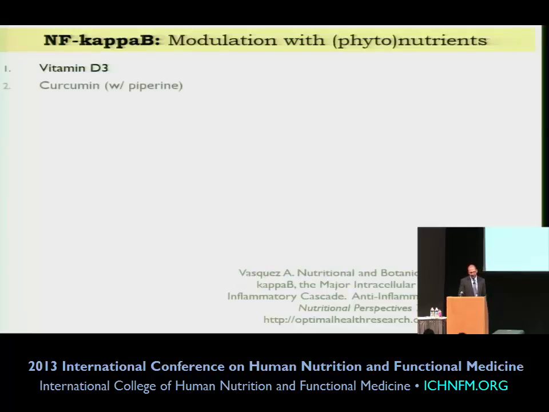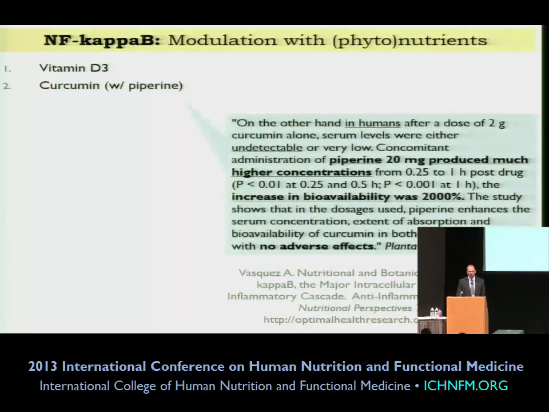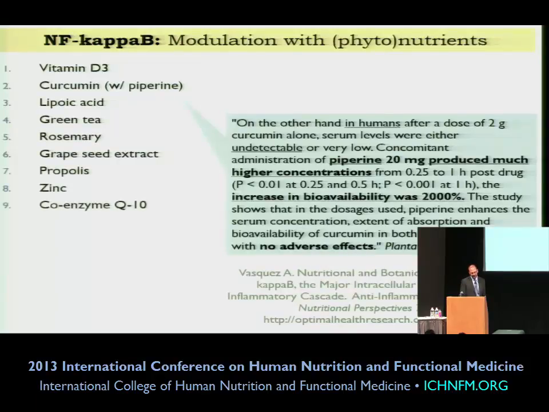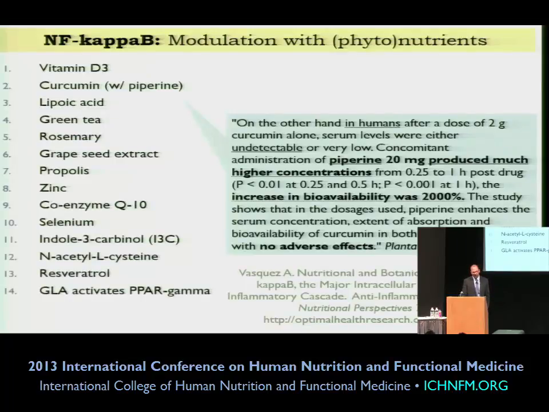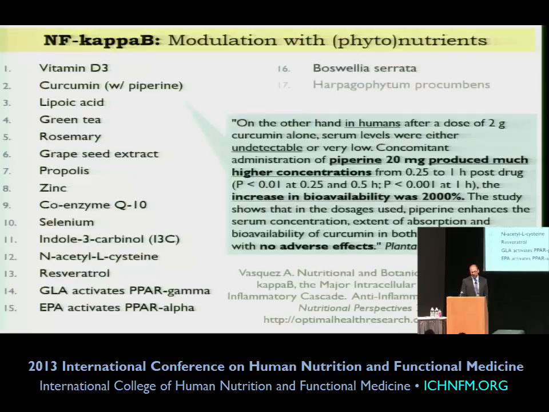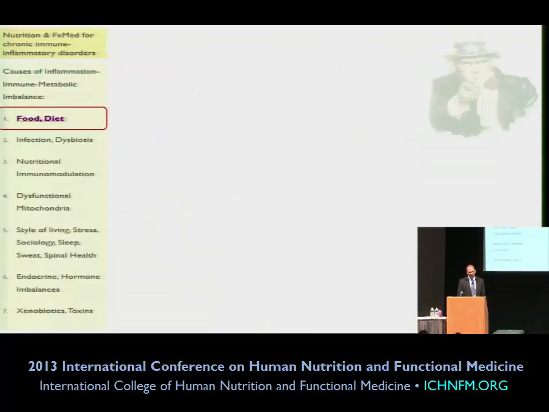Vitamin D, curcumin, which is best administered with piperine to enhance intestinal absorption, lipoic acid, green tea, rosemary, grapeseed extract, propolis, zinc, coenzyme Q10, selenium, indole-3-carbinol, N-acetylcysteine, resveratrol, GLA, EPA, boswellia, harpagophytum, and also isohumulones from hops should have been on that list as well. Melatonin could also be on that list. So we have many ways to modulate that pathway.